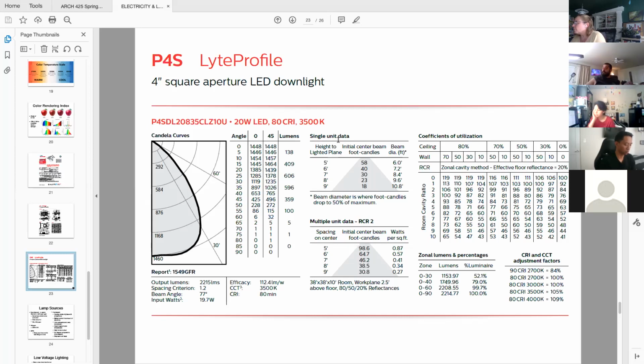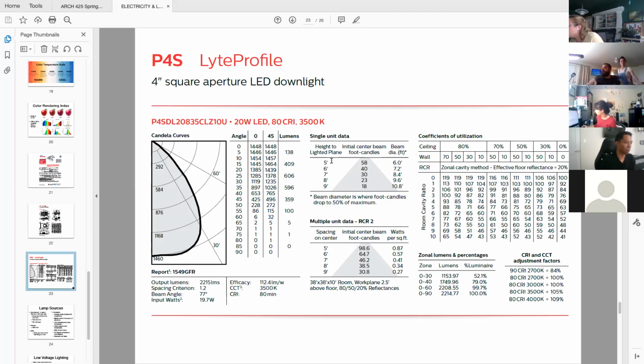And I'm sorry, I missed this here. This is single unit data. This is multiple units. So if you have lots of fixtures centered, you're going to get multiple coverage overlapping each other versus just a single one. At 7 feet, a single fixture will only get you 30.